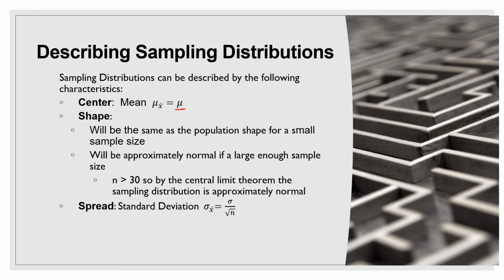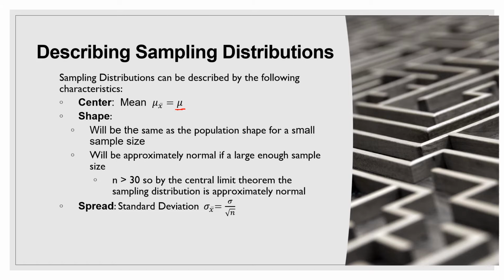The shape is going to be the same as the population shape for a small sample size, so it will mirror whatever it is. And then it will be approximately normal if a large enough sample size is taken. What do they mean by large enough?